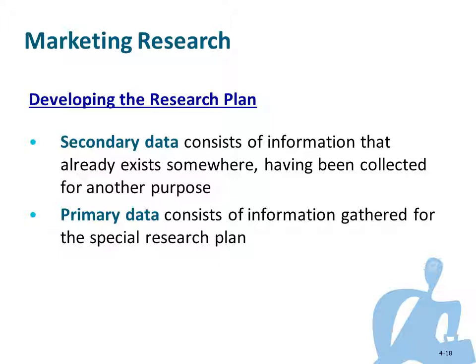Also, secondary data can sometimes provide data that an individual company cannot collect on its own, information that either is not directly available or would be too expensive to collect. For example, it would be too expensive for a company to conduct a continuing study of competitors' brands, but it can buy Nielsen's scanner services.